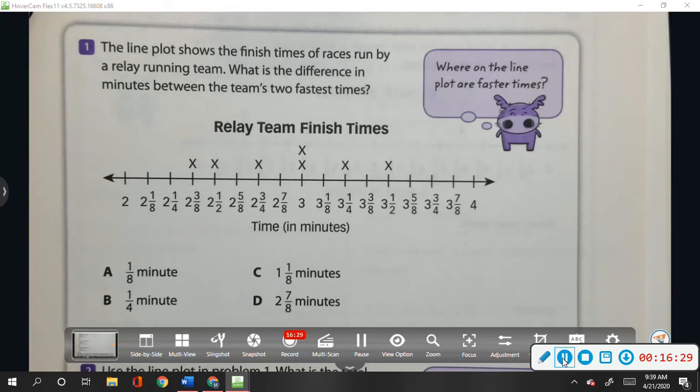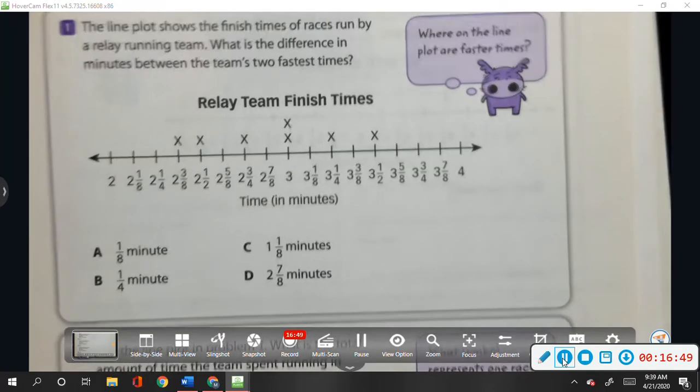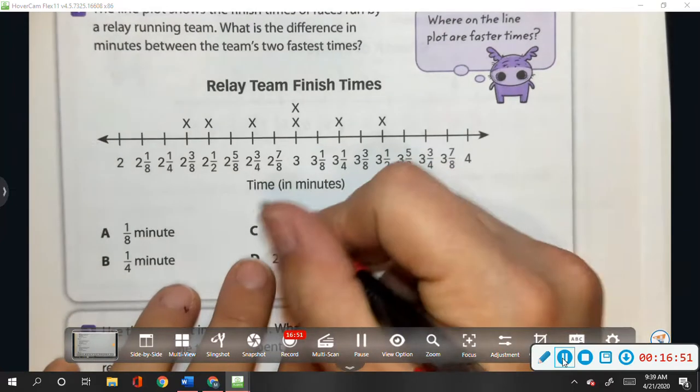It says, we're on number 1, the line plot shows the finished times of races run by a relay running team. That's interesting. What is the difference in minutes between the team's 2 fastest times? So our line plot isn't measuring distance this time, it's measuring time.